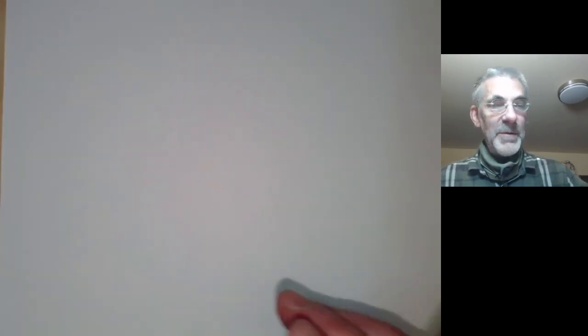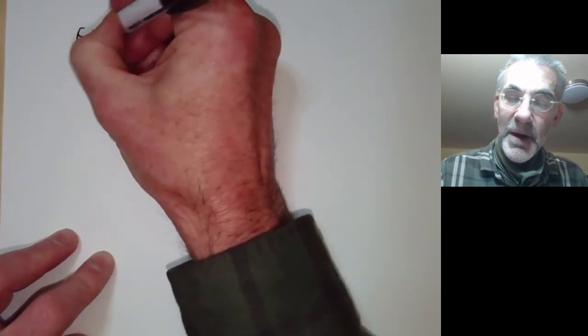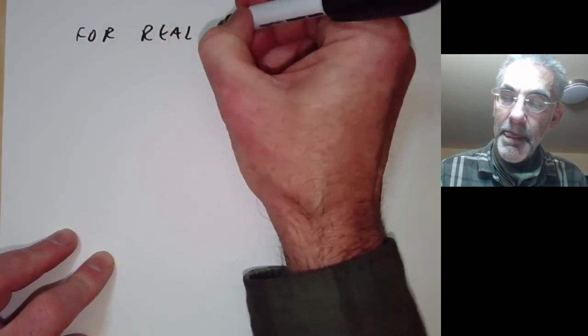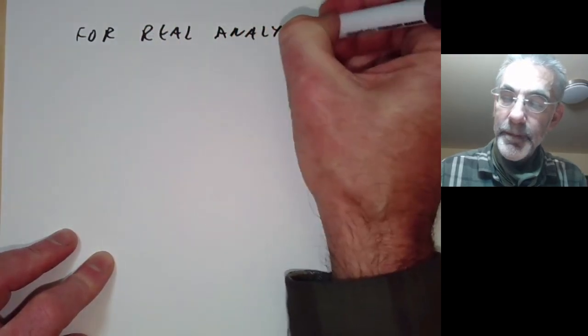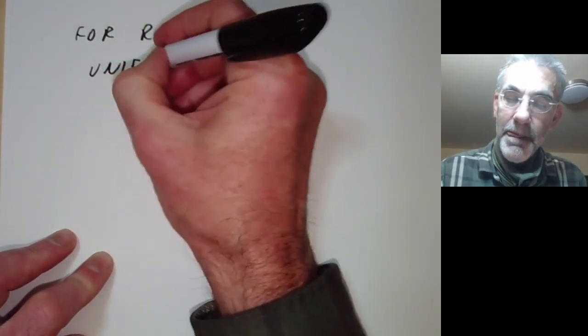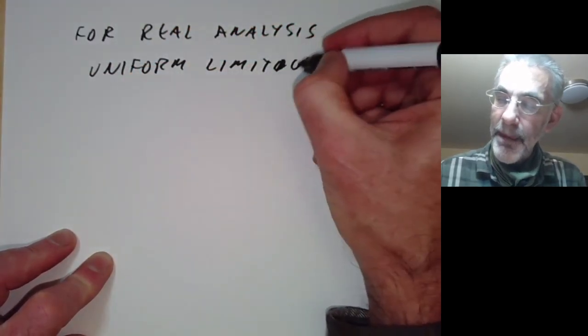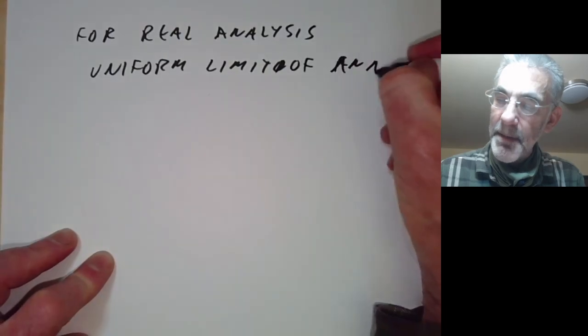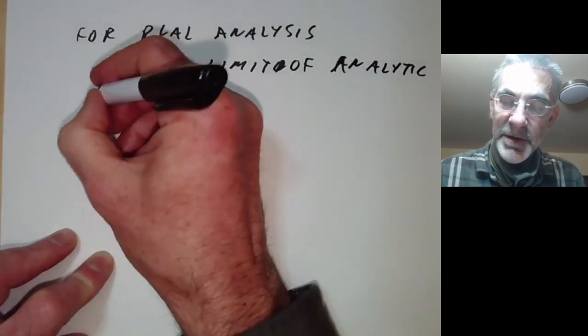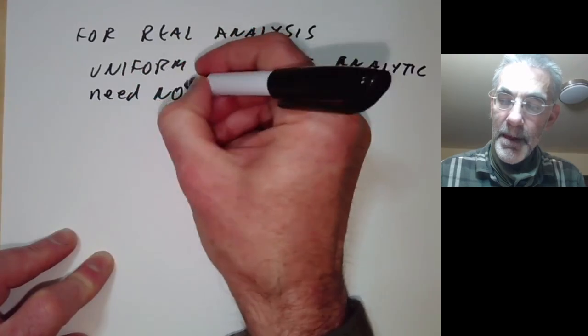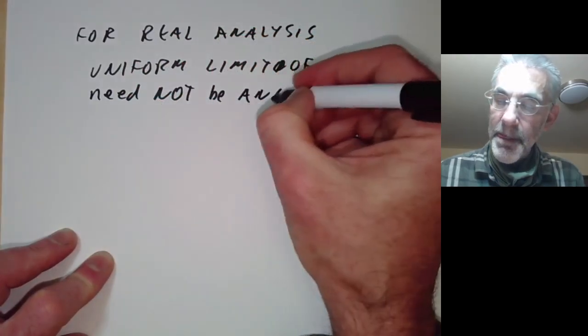I should warn you that we've shown the uniform limit of analytic functions on the complex plane is holomorphic on an open region. For real analysis, the uniform limit of analytic functions need not be analytic.